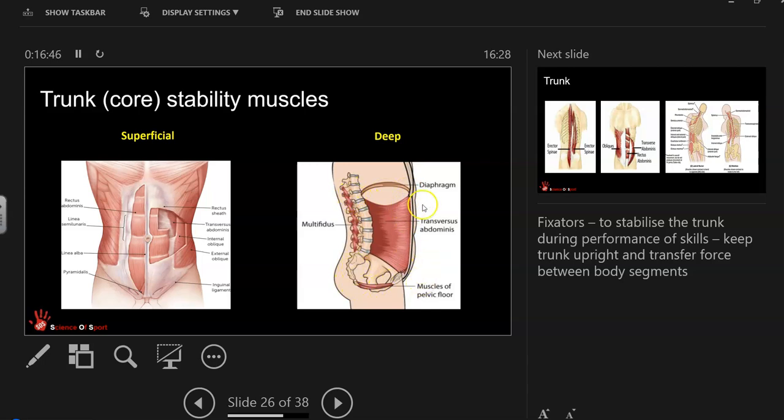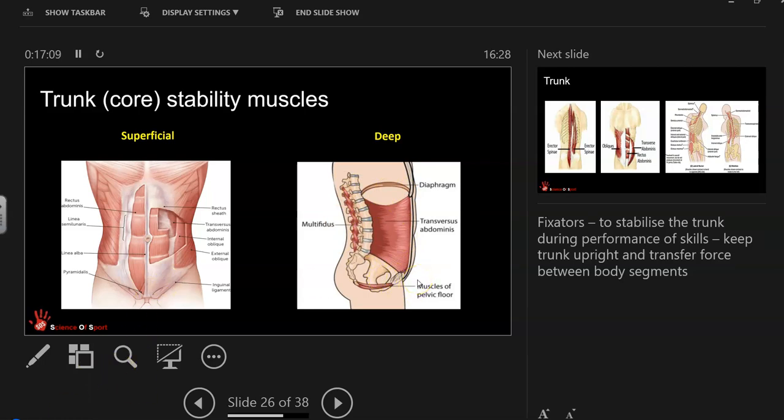And these are the muscles that we need to train to protect our vulnerable vertebral column here. Remember this is where so much force and stress and twisting and turning and lifting happens. So we need strong core muscles, which is these, to protect our trunk.